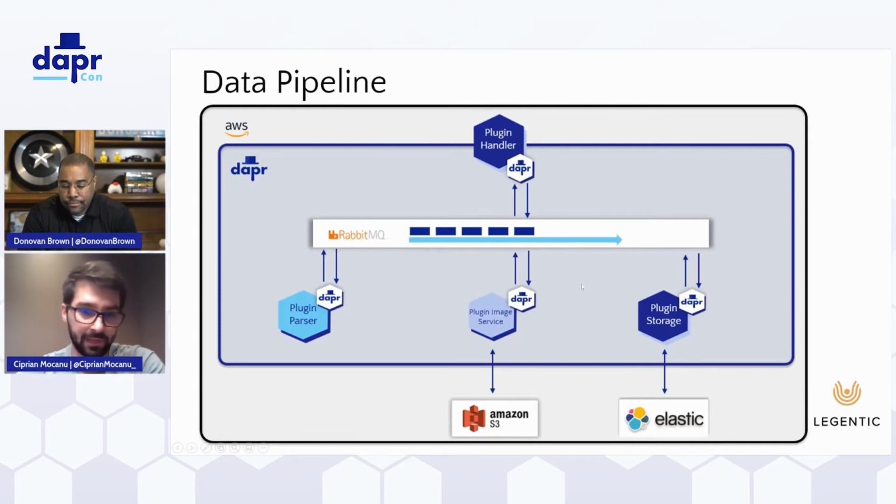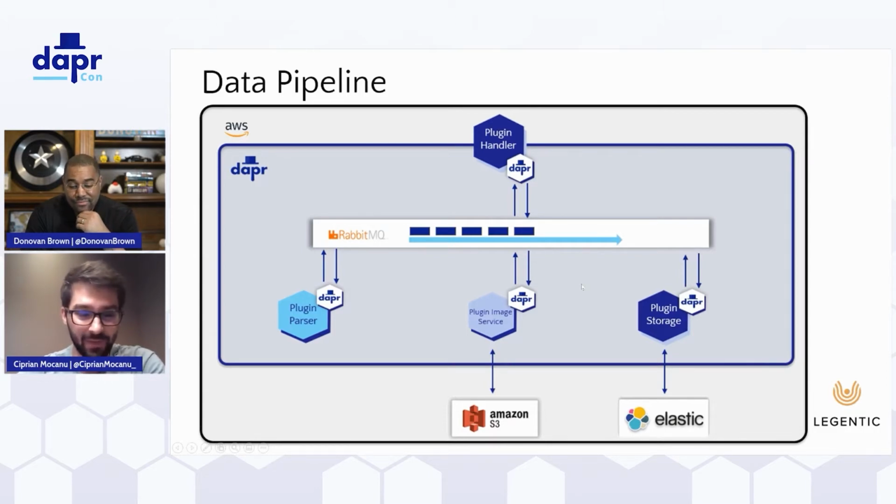On top here we have the plugin handler, which is kind of the public entrance of our data pipeline. Here we take in all kinds of crawl data to be able to push it within the pipeline, and the plugin handler pushes messages to RabbitMQ, publishes messages to be more precise.